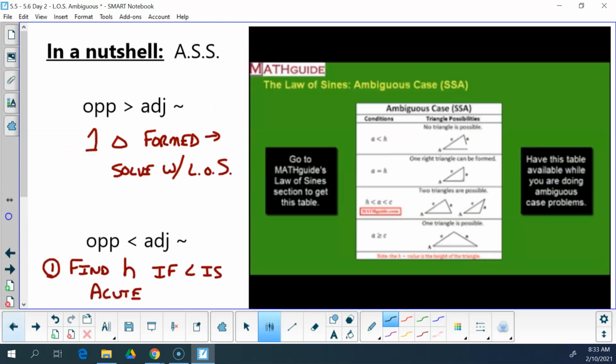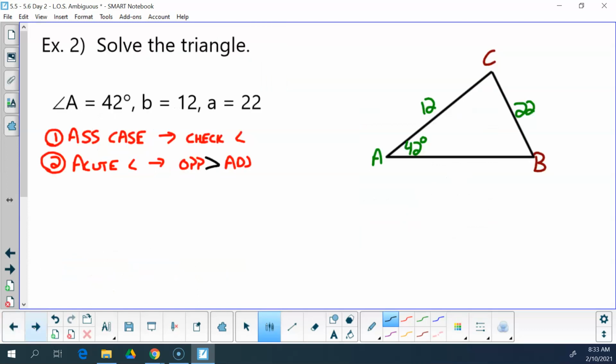So that, if I go back one, opposite side, we're in an angle side-side case. Opposite side is bigger. One triangle is formed, correct? Okay. So only one triangle here. So that's what my triangle is going to look like.